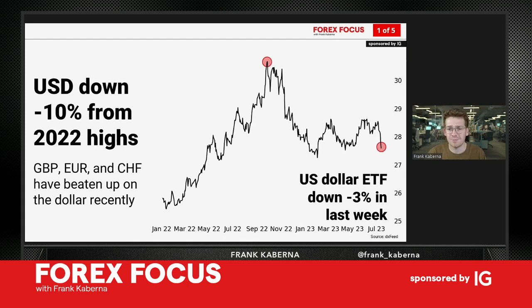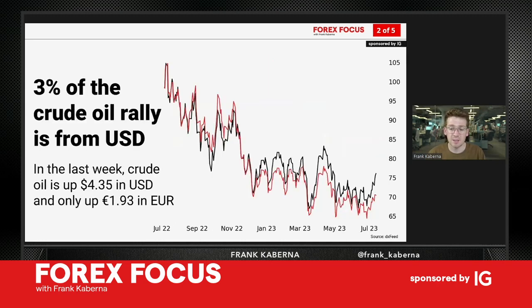And you look at this chart, and there could be even more room to go here. Go back to the start of 2022, and the pound was even stronger against the dollar. The euro was even stronger against the dollar. So might be an interesting time to hedge as that dollar picks up some speed.